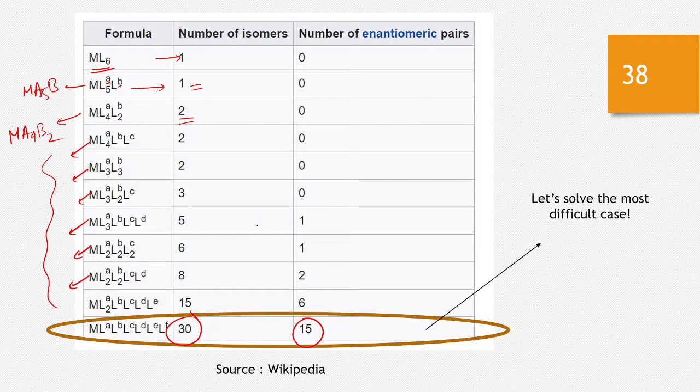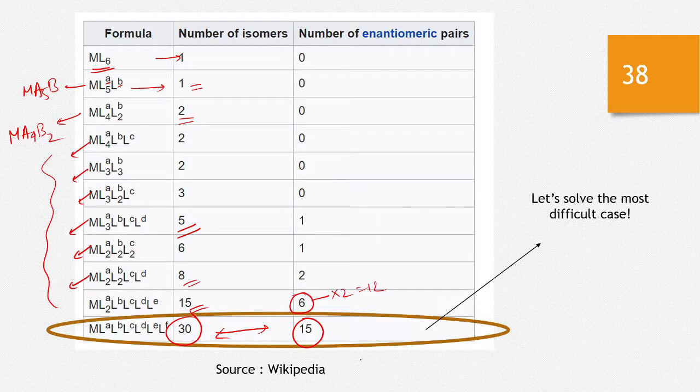In some of these cases you will see the number of isomers could also be odd and even, right? So this was the case which we solved, and here all the molecules had an enantiomer. But in all the other cases, to be very frank, here you have 6 molecules, and 6 into 2 is 12, but you have 15 isomers here.